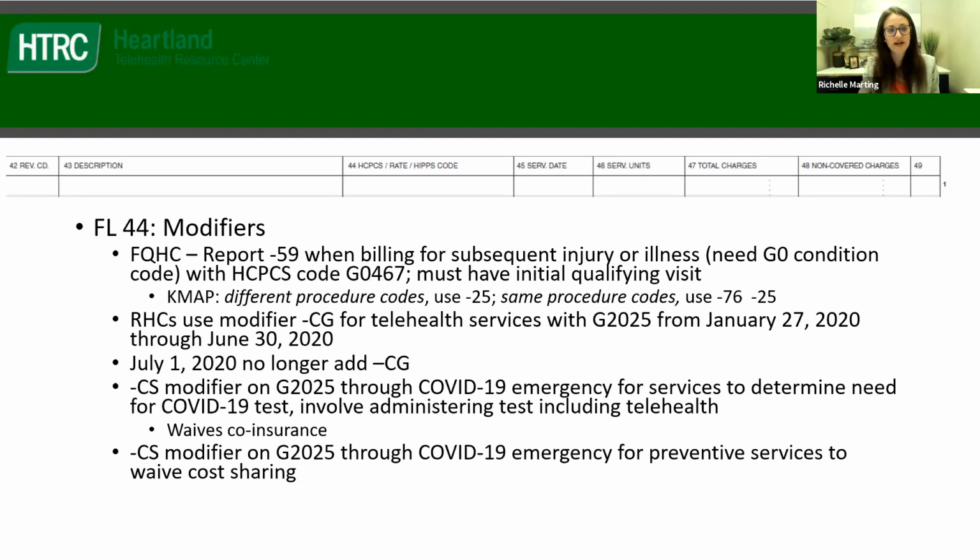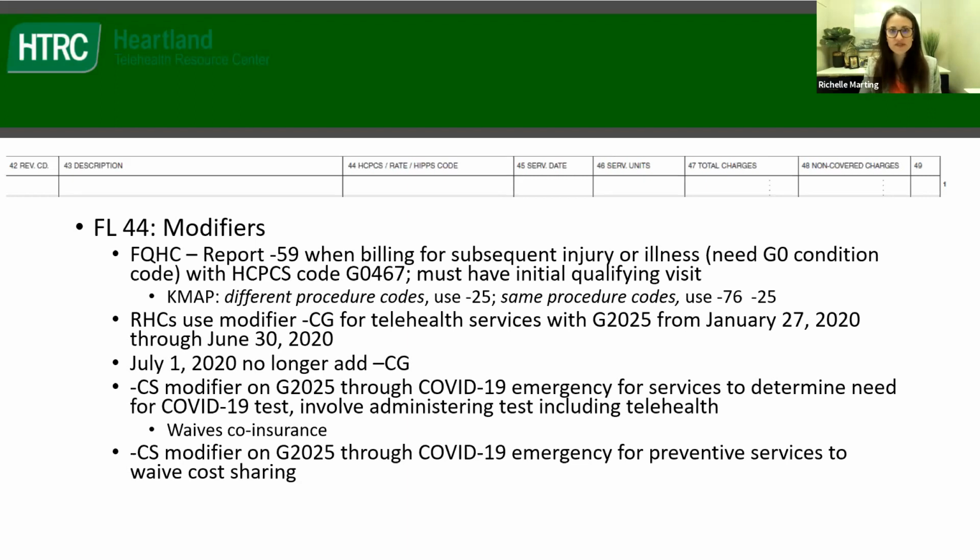During that time frame, rural health clinics that were billing for telehealth services, because that was an expanded benefit as part of the federal public health emergency, were adding modifier CG, and CG is a disaster related modifier. And that's how RHCs were getting paid January through June of last year for distant site telehealth services. As of July 1st, you're no longer required to add the CG modifier to your rural health clinic claims.